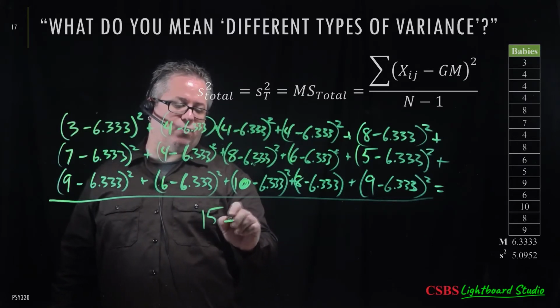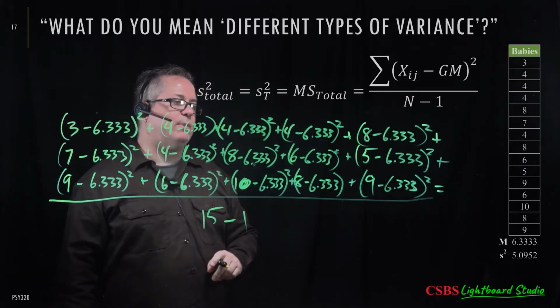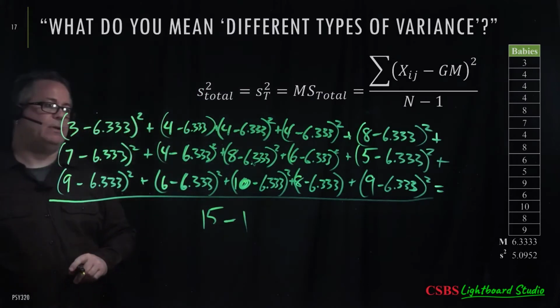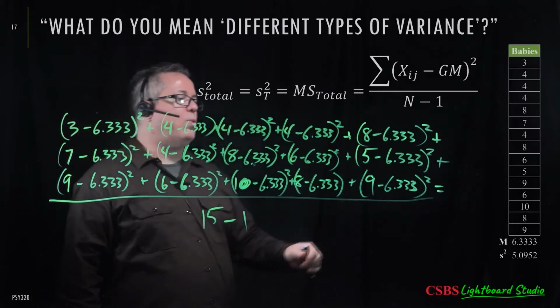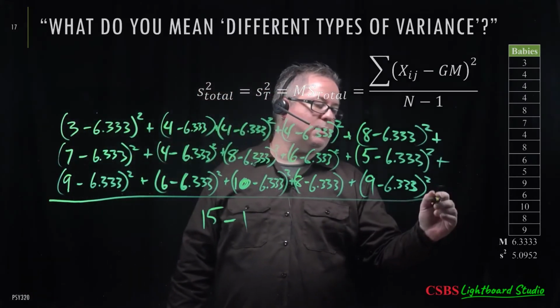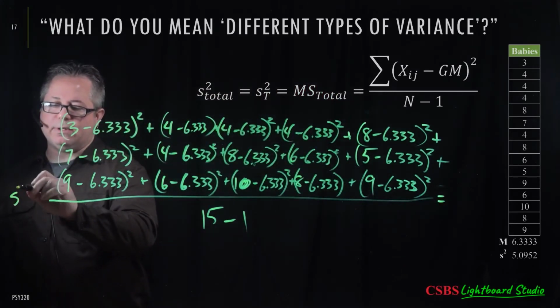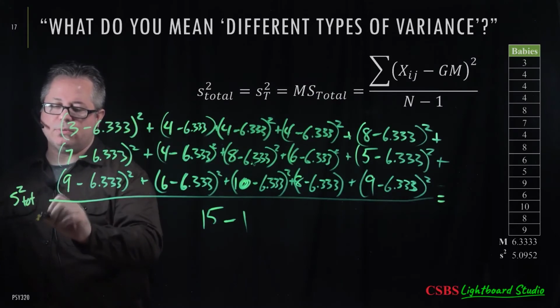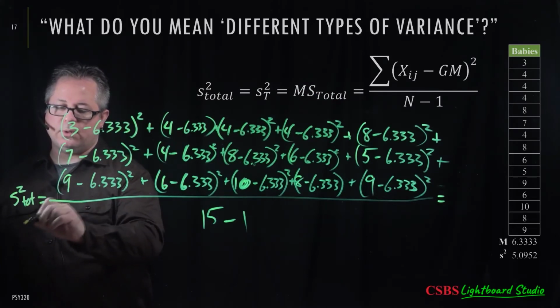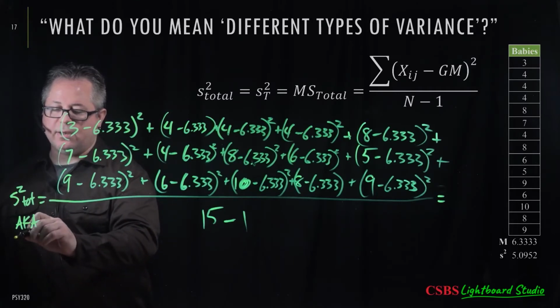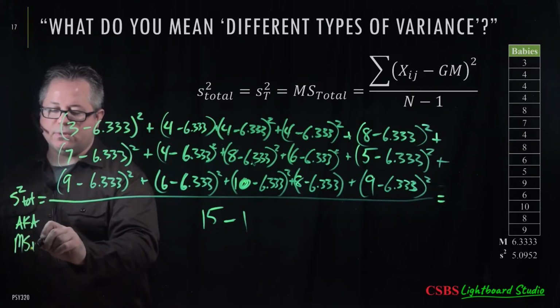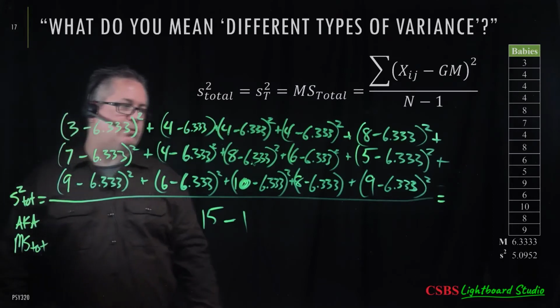And we're going to lose 1 degree of freedom for our grand mean, so we're dividing by 15 minus 1. This whole thing is going to equal our variance total, again, just to reiterate, aka our mean square total. Those are the same thing, either or.